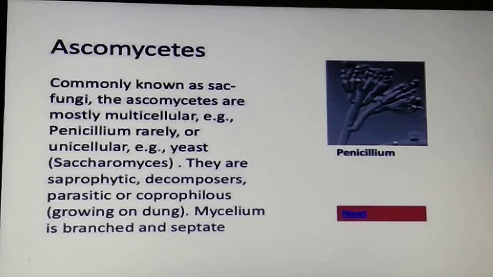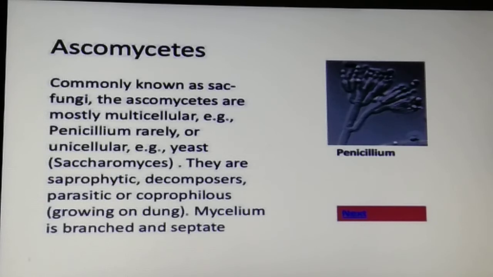Now students, the asexual spores here are conidia. They are produced exogenously on the special mycelium called conidiophores. These conidia on germination produce mycelium, and sexual spores are called ascospores, which are produced in sac-like asci.